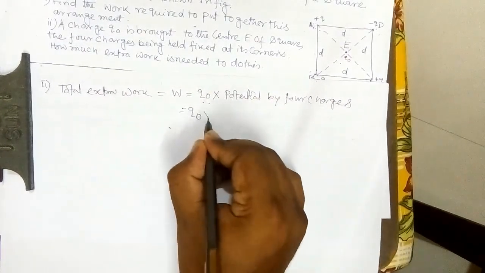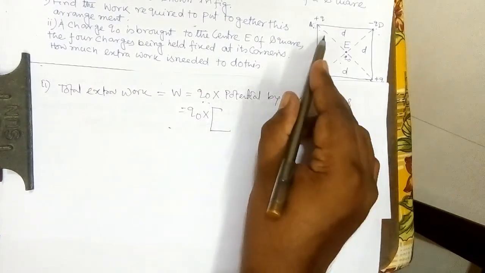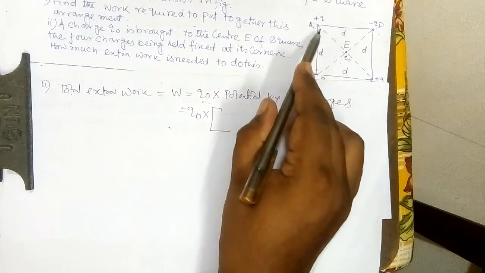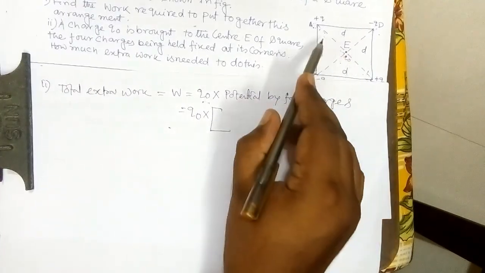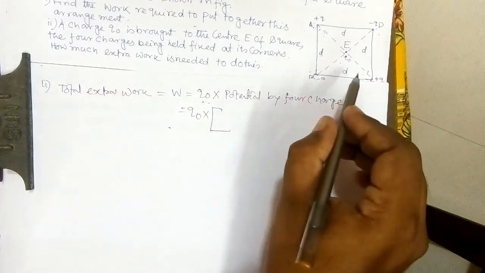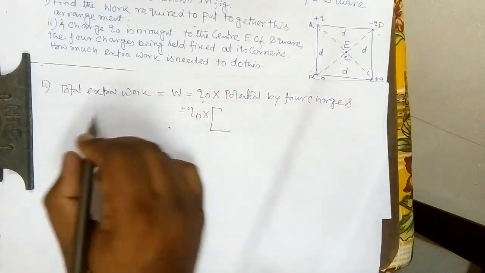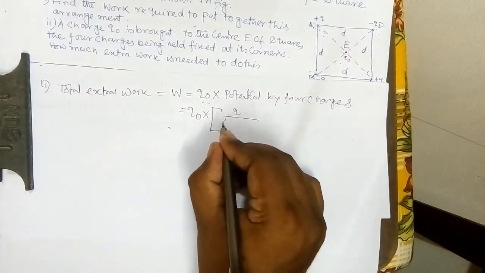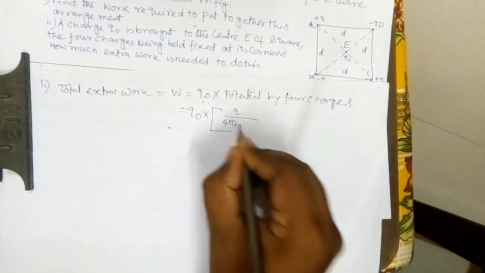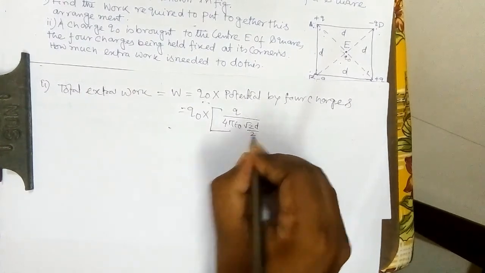Q naught into potential by 4 charges. So for capital Q, so this distance, you see, if the total distance is root 2 into d, so it should be root 2 by 2 into d. Okay, so we have to write down capital Q by 4 pi epsilon naught root 2 into d by 2.